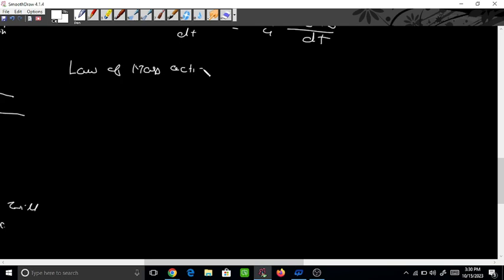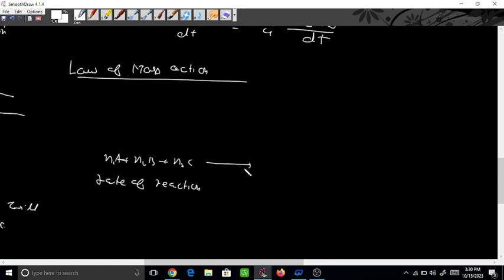Law of mass action. If we write any rate law, then the rate of reaction is directly proportional to the active mass raised to the coefficient. Suppose we write the rate law, the rate of reaction, for any reaction we take, suppose n1 A plus n2 B plus n3 C gives the product.